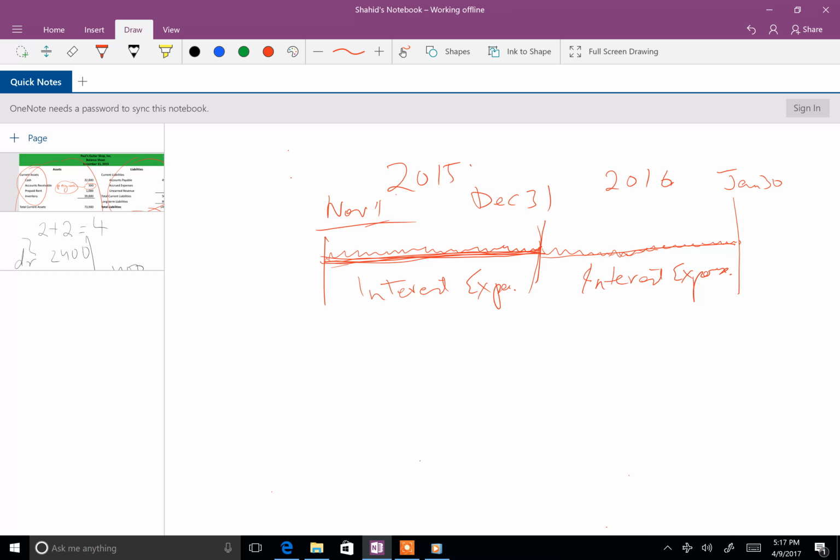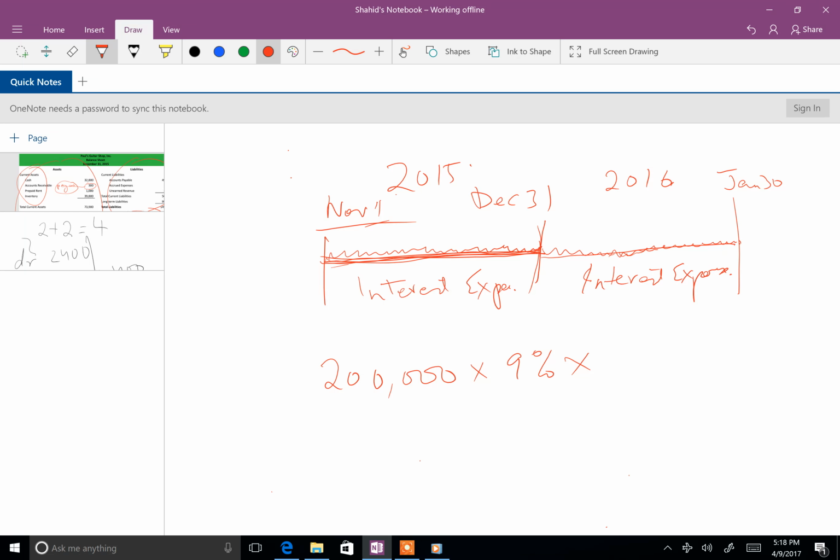I've talked about this concept many times throughout this course. So for 2015, the formula is pretty simple. 200,000, which is your loan, and your interest rate, which is 9%. It's given, 9%.